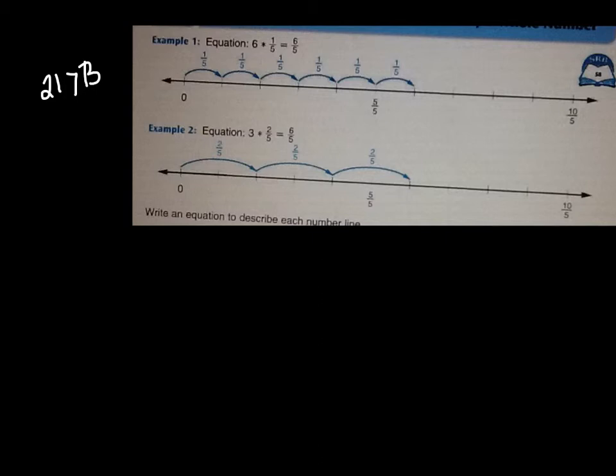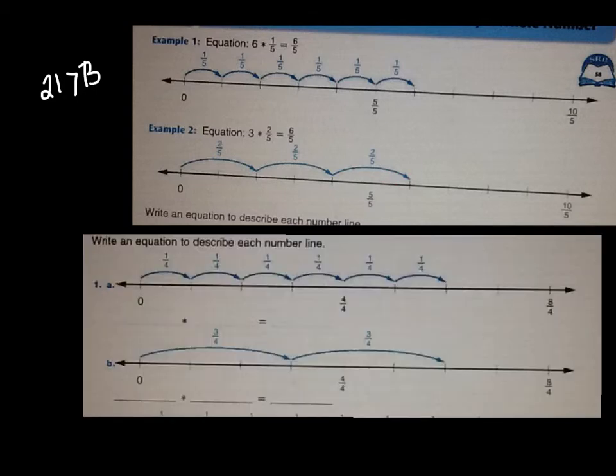However, 1/2 is a multiple of 1/5, and 6 is a multiple of 3. You also might have noticed that it takes more jumps to get to 6/5 when counting by 1/5 than it does when counting by 2/5.